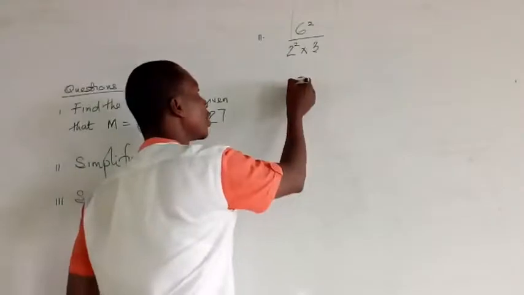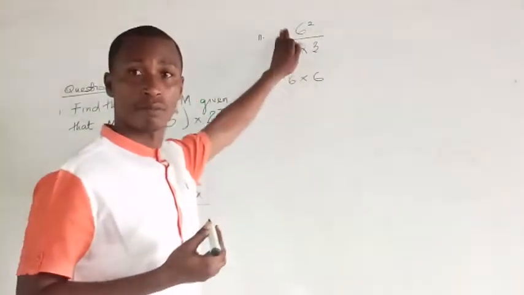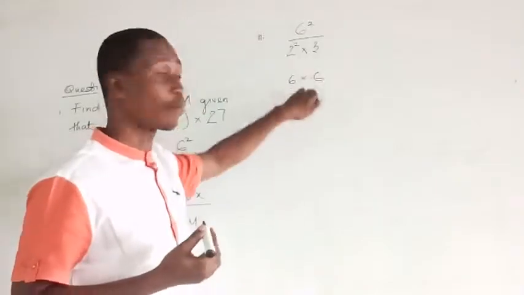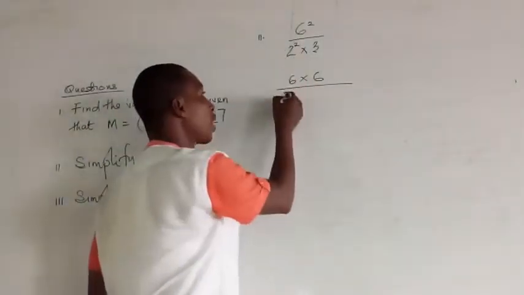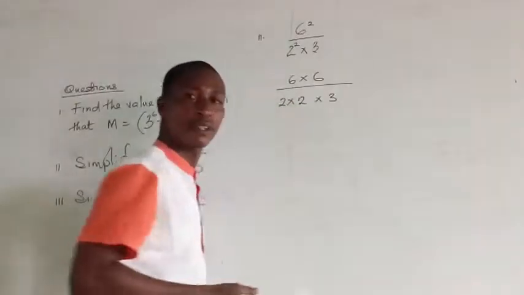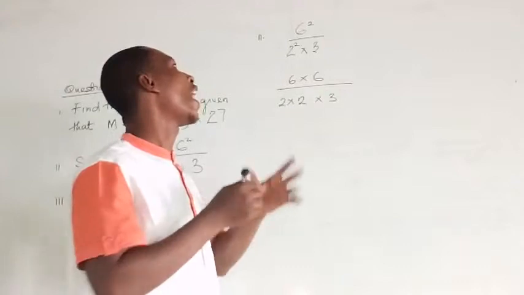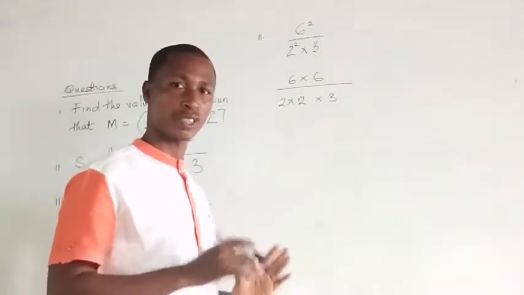So this one is going to give me 6 times 6. That is 6 squared. 6 squared is 6 times 6. Now divided by, now 2 squared becomes 2 times 2 times 3. Good. So you have expanded everything to make it easier for yourself.